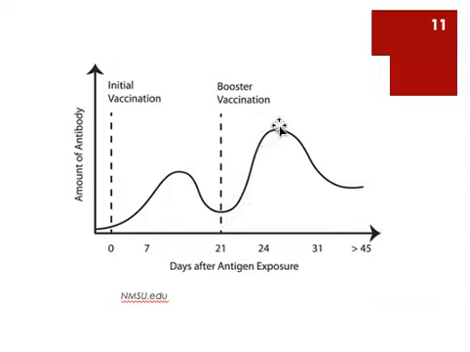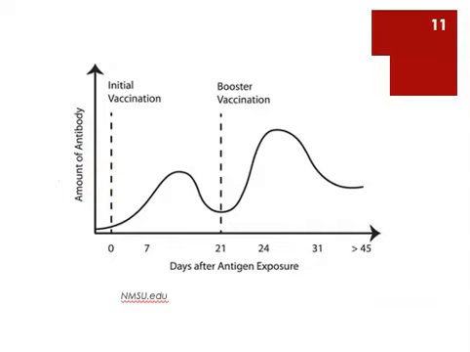Within the next 2 weeks, you're going to mount an even better immune response. You're going to have a much higher quantity of antibody produced, and even after that antibody drops off, it's going to be high. If I trace this plateau over, I've reached that initial peak in terms of antibody production.